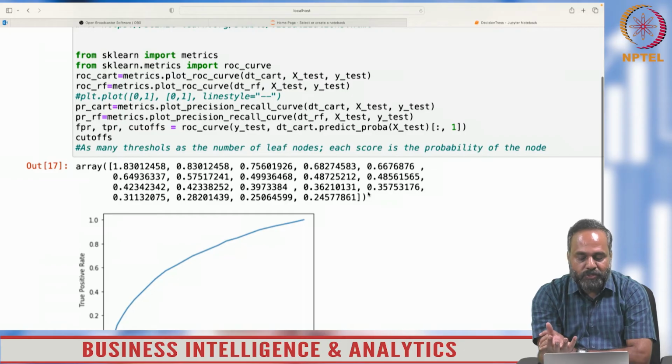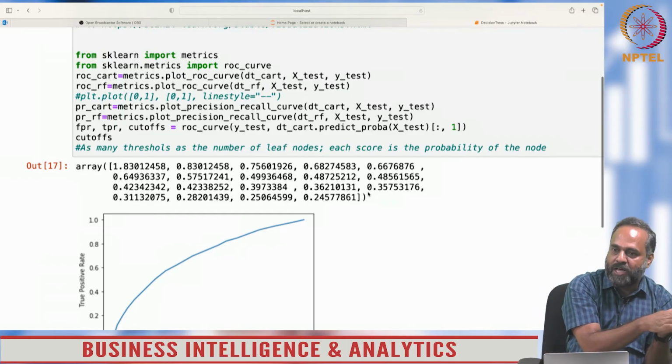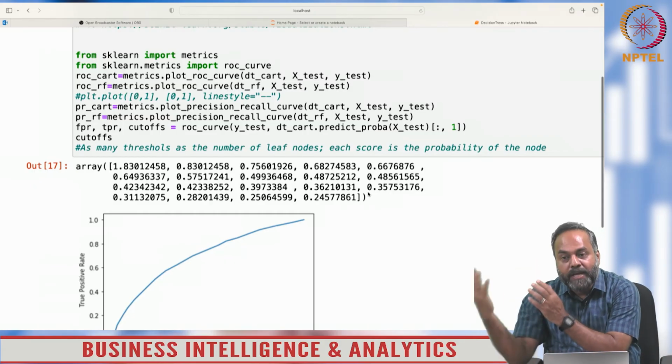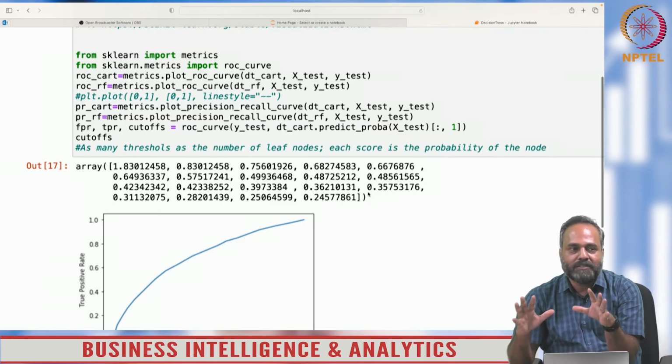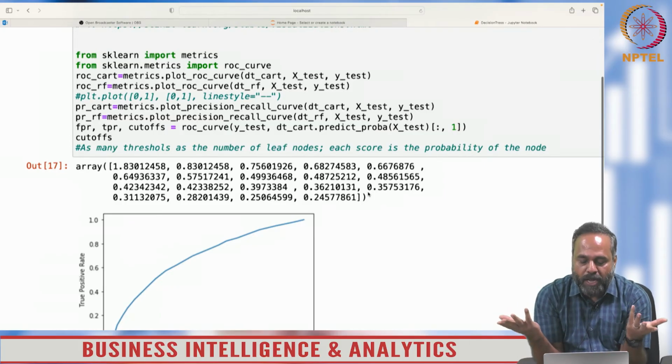So if the probability is 1, of course you are at the left side of the ROC curve. If the probability is 0, you are including everything. A probability of 0 means you will include the whole database for your targeting, which means there is no targeting at all.